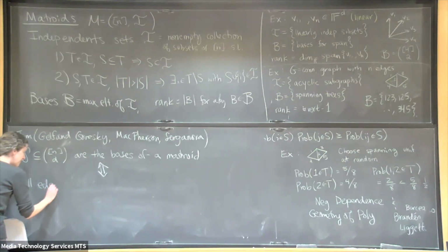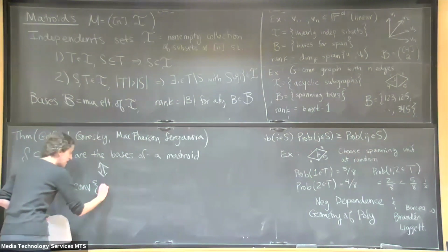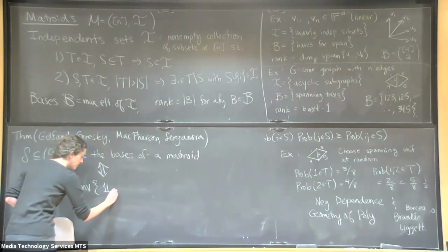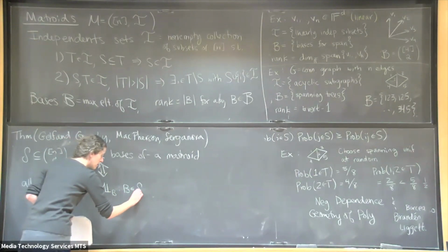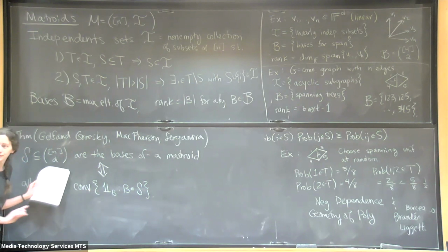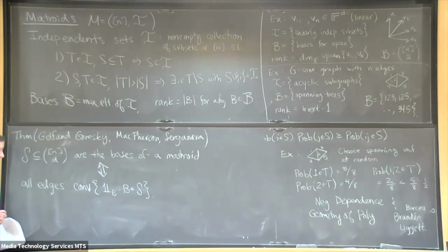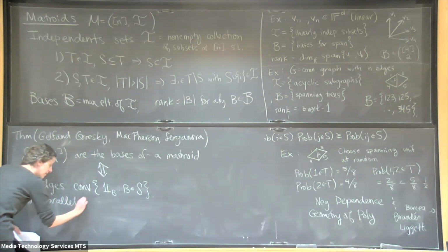This happens if and only if all the edges of the convex hull of the indicator vectors, this is some polytope whose vertices are 0, 1 vertices, are parallel to a certain direction.